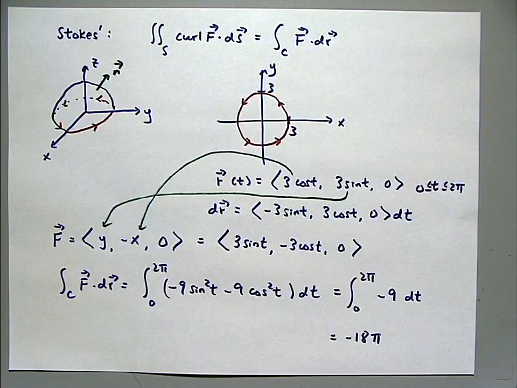Because if you look down on the xy plane, or the uv plane, and view it as a type 1 region, then x, or u, goes from 0 to 1, and y, or v, goes from 0 at the bottom to 1 minus x, which is 1 minus u, at the top. Okay?